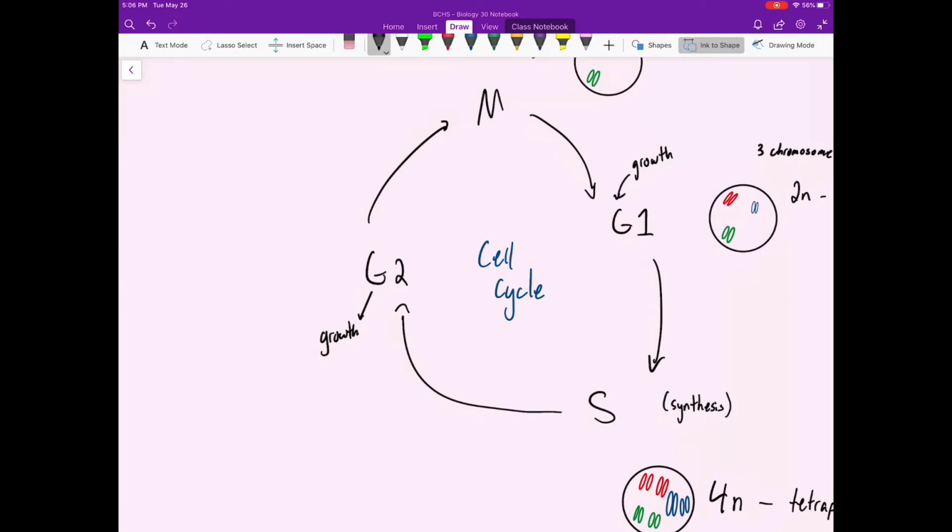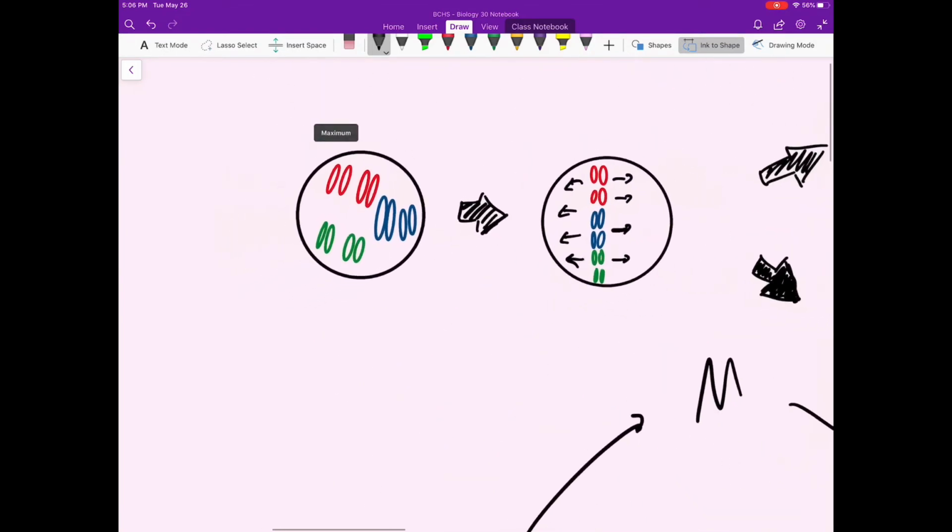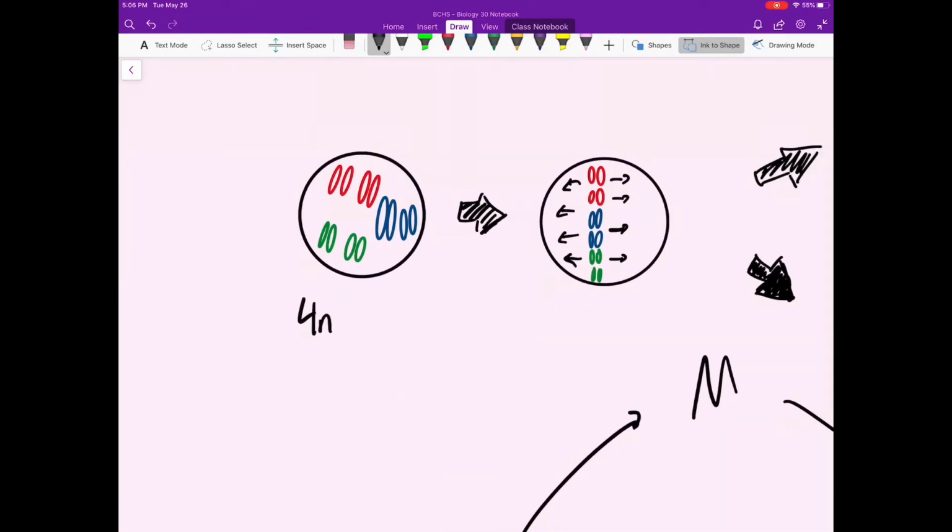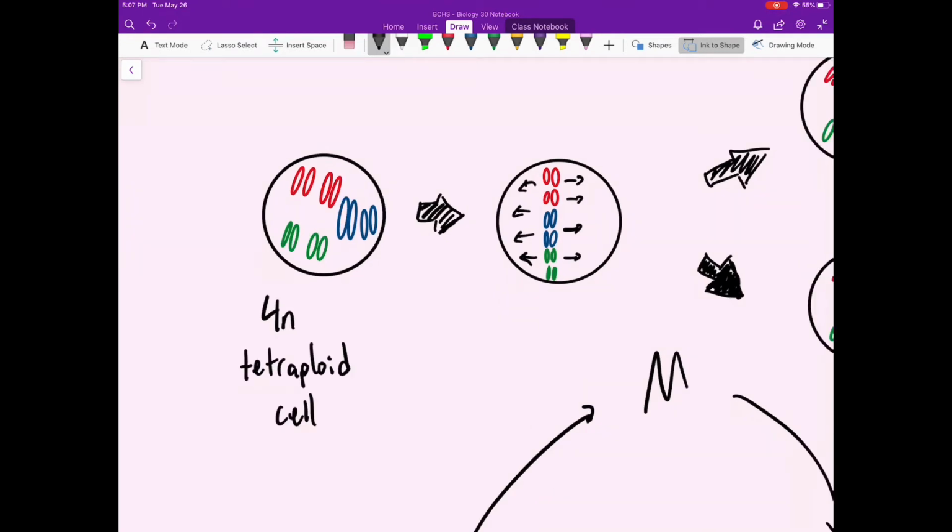What's supposed to happen in mitosis is we start off with our 4N tetraploid cell. During mitosis, the chromosomes line themselves up in the middle of the cell and they get pulled to either side. You'll want to look at the act of mitosis in depth, but for the purposes of this video, I will very much shorten mitosis.